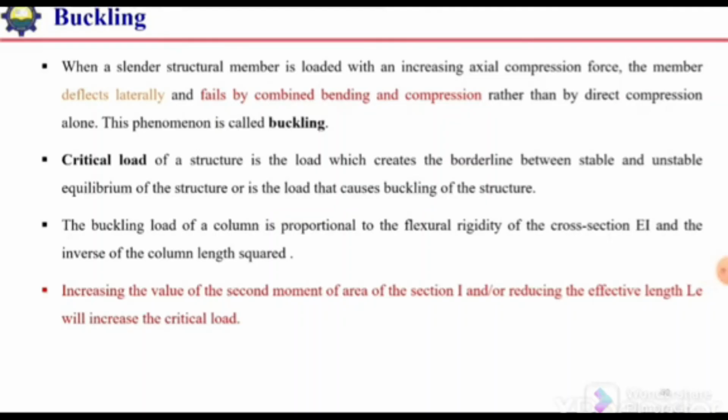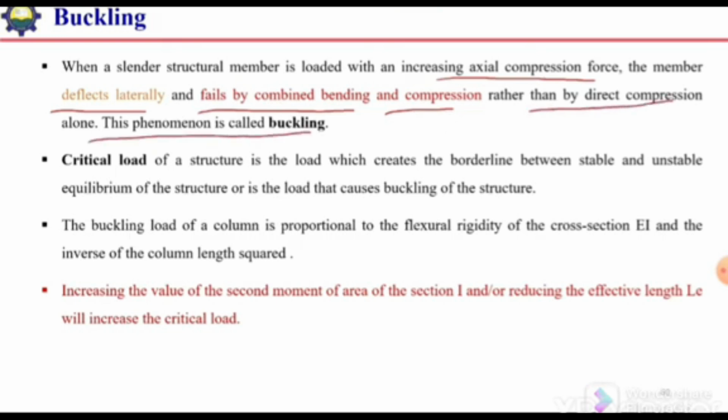Buckling. When a standard structural member is loaded with an increasing axial compression force, the member deflects laterally and fails by combined bending and compression rather than direct compression. This phenomenon is termed buckling. Under axial compressive load, theoretically it should fail in compression.